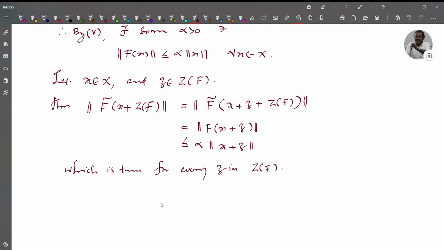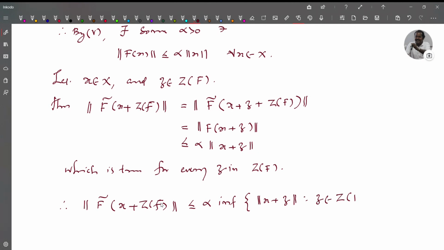Therefore, norm of f tilde of x plus the zero space of f is less than or equal to alpha times the infimum of the set of all norm x plus z such that z belongs to the zero space of f. This is equal to alpha times the quotient norm of x plus the zero space of f.